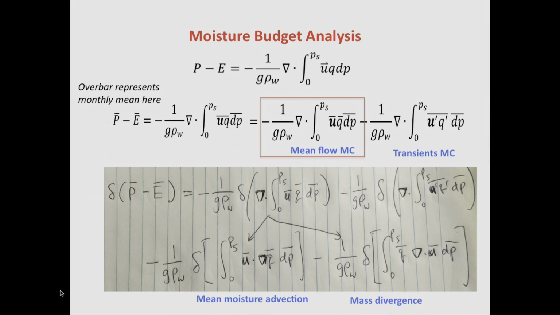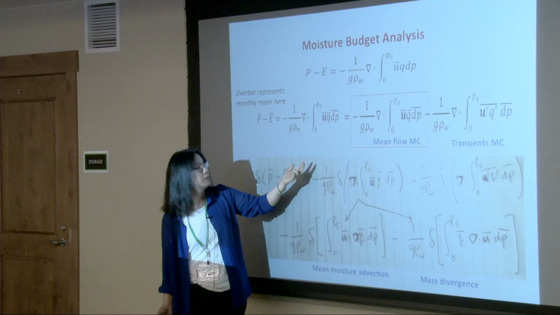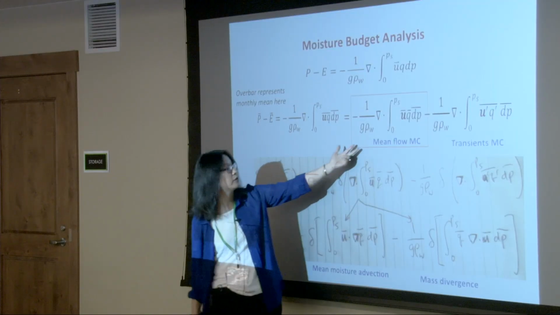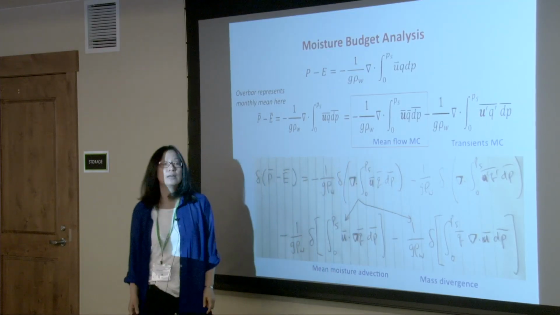I don't need to go through the details. Basically, moisture budget analysis shows that P minus E, or the surface water balance, is balanced by the total column moisture budget convergence. You can separate this, once you put in the monthly mean component, into the mean flow moisture convergence and the transient moisture convergence.